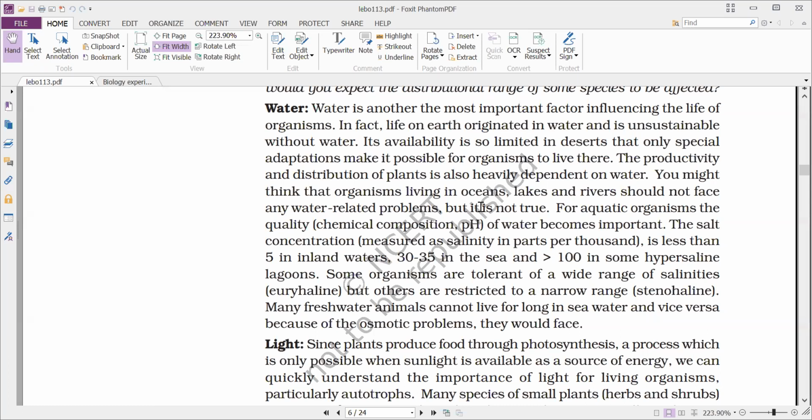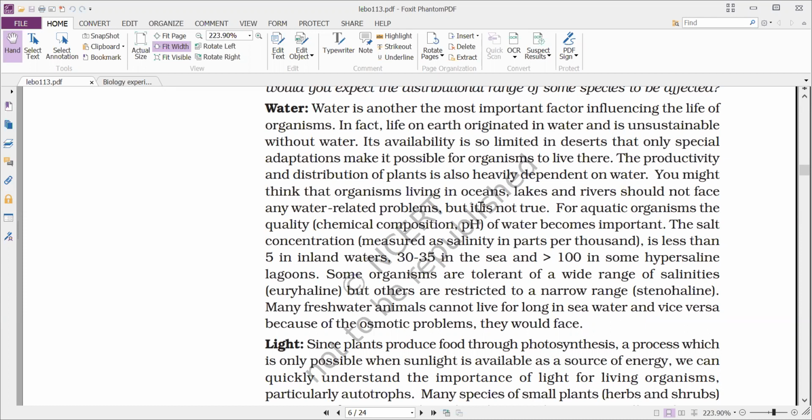Why? Because the problem is, when you observe the water that is present in the ocean or sea, it is having high salinity. That means more salt concentration when compared to the concentration of the blood or fluids that are present in that organism of sea or ocean.